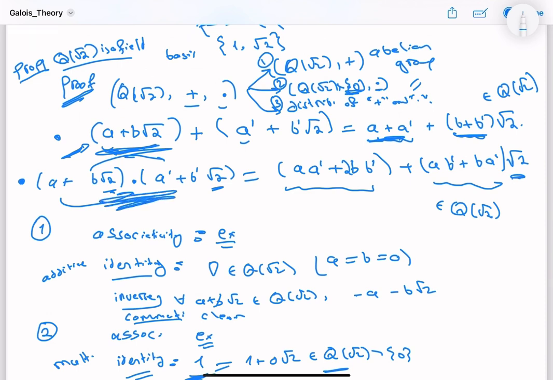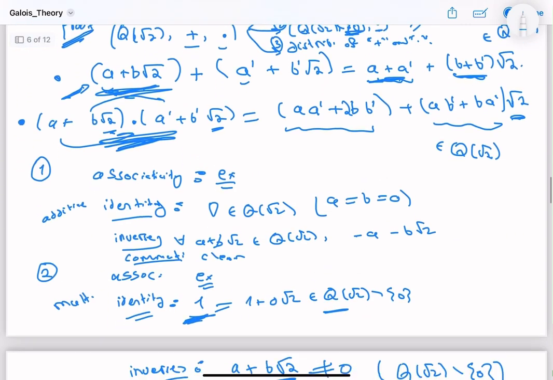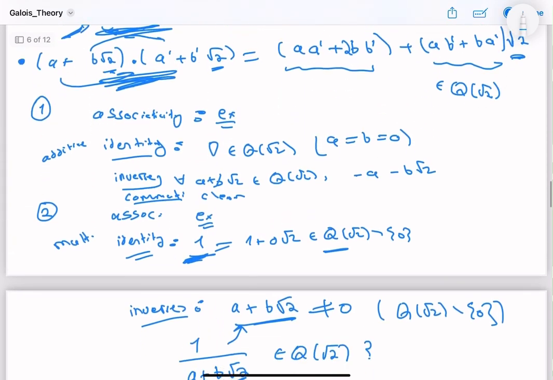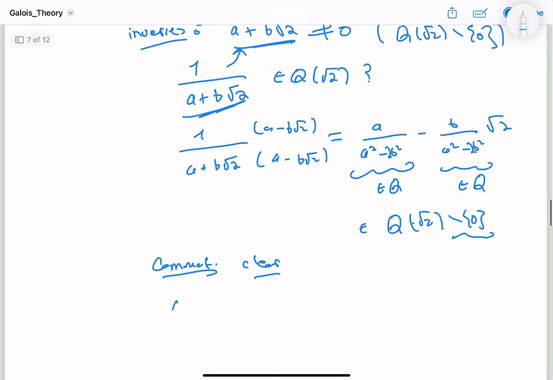If we just interchange the roles of a and a prime, b and b prime, we get the same thing. So commutativity is also obvious, so it's also an abelian group. So it's also the case that Q(√2) take away 0 is an abelian group.